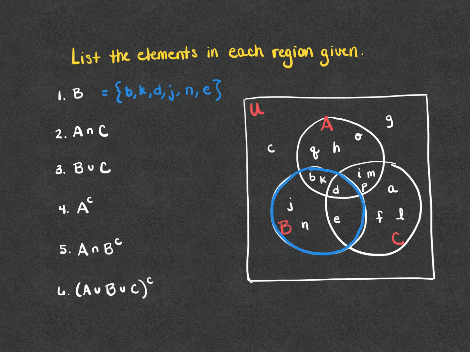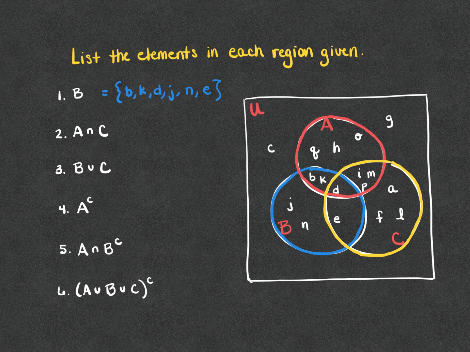All right, now if we want to list the elements in A intersect C, we're looking at where set A, represented by this circle here, which I'll trace in red, overlaps set C, which I'm going to trace here in yellow.